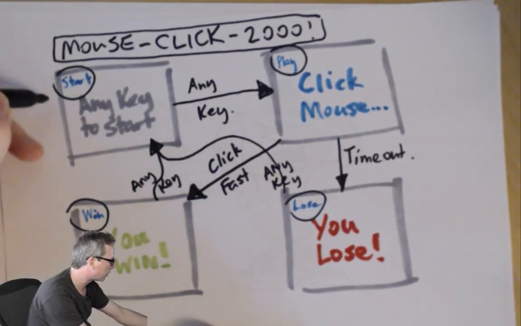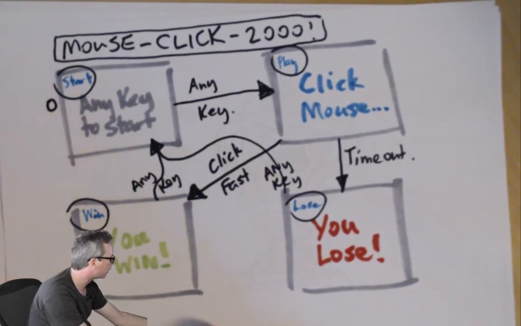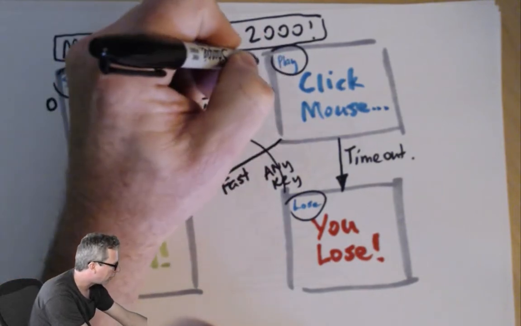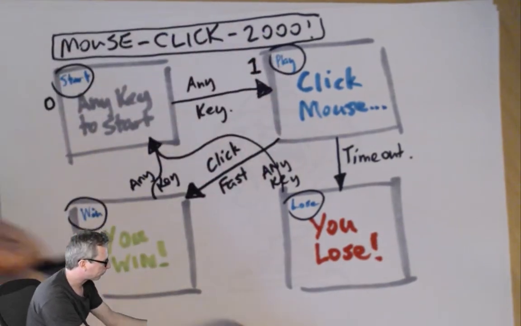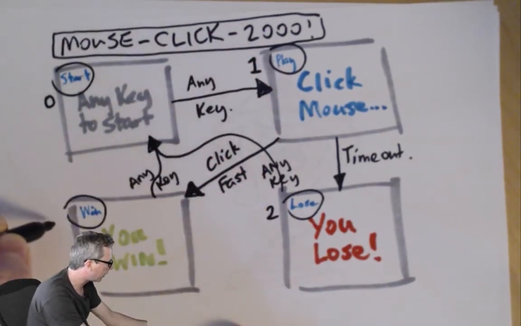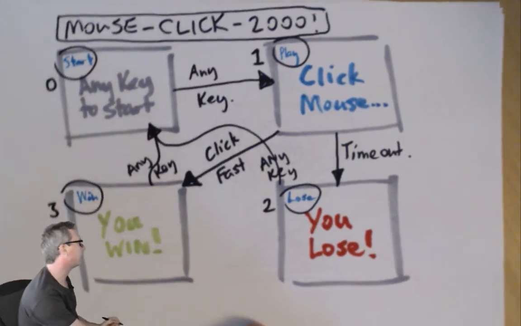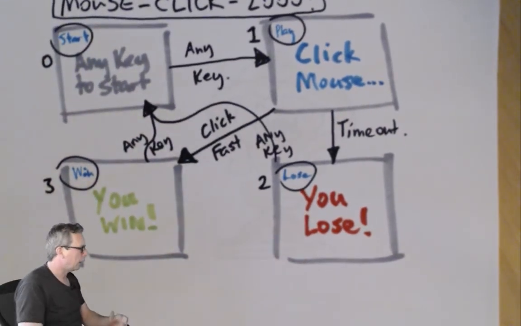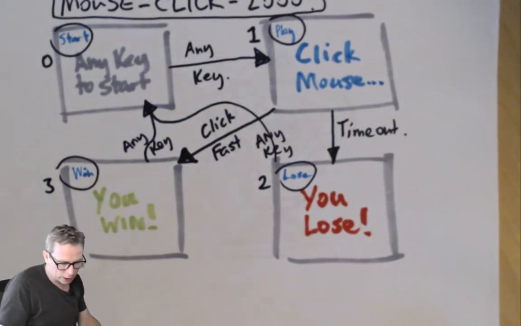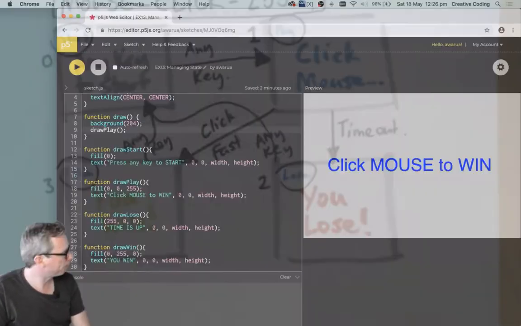So I'm going to give each one a number. This is going to be number 0, this is number 1, this is number 2, and this is number 3. 0, 1, 2, 3. Let's go back into the sketch and add that.